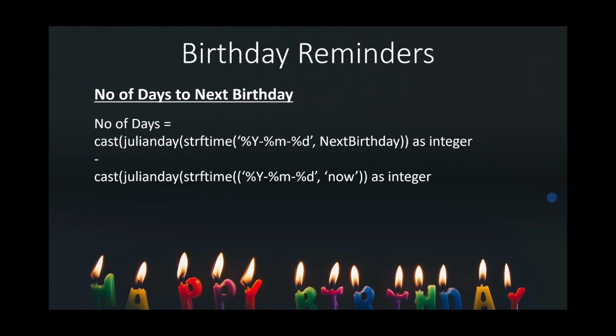What we need to do to calculate the number of days to next birthday is to use the cast function, which will allow us to express the Julian days calculation as an integer. And then we want the Julian days from next birthday, and we want to subtract from that the Julian days now. Let's have a look at that in the DB Browser for SQLite.